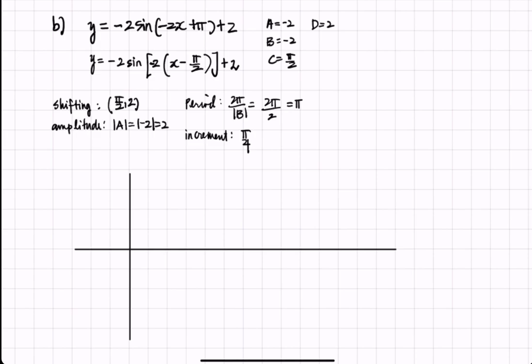Kakaririn natin pagdo-drawing. So, this is pi over 4. Pi over 2. 3 pi over 4. Pi, etc. Okay? So, what is the shifting? The shifting is pi over 2, comma 2. So, this is pi over 2, 2 units.